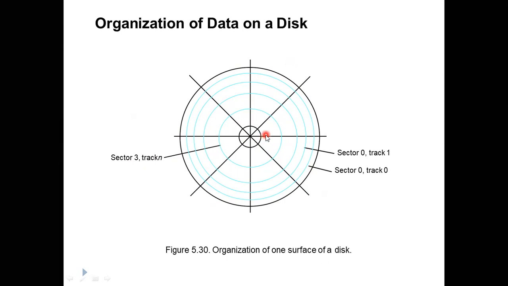But there is a principle that the number of bits stored in this track and in this particular track must be equal. For making this homogeneity, for making this equality, the magnetized coating should be denser over here as compared to the track 0. By this way, we are organizing the data on the disk.